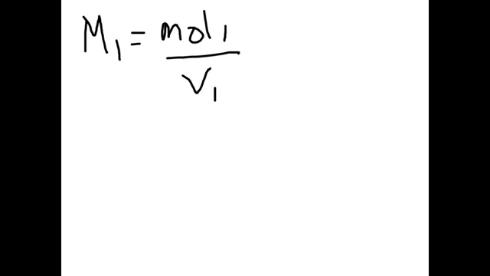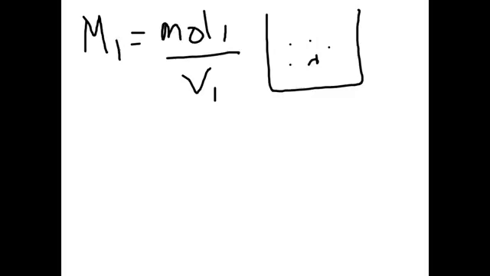Okay, so if you have M1 is equal to moles 1 divided by volume 1, what is moles 1 equal to? That is moles 1, the first beaker. The first beaker has 1, 2, 3, 4, 5 moles.